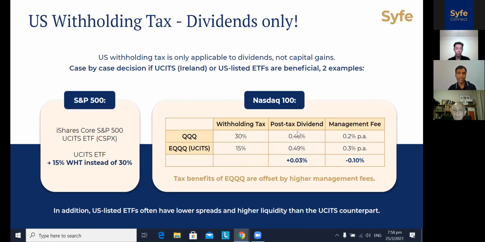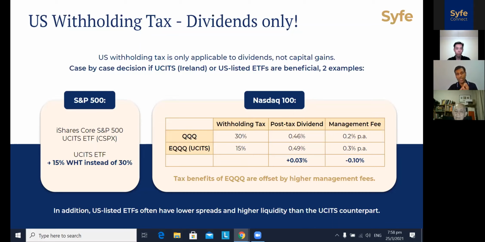Given that QQQ is a very growth-oriented index, the dividends are very small, so the effect on your portfolio in terms of withholding tax is minimal. You will be much better off holding QQQ rather than EQQQ, because while you pay a higher dividend withholding tax, your actual management fee is much lower, and on top of that, you have lower spreads and higher liquidity in QQQ as well.